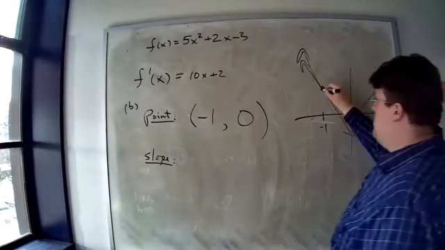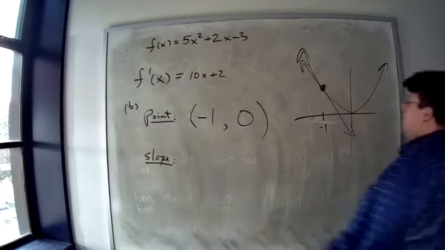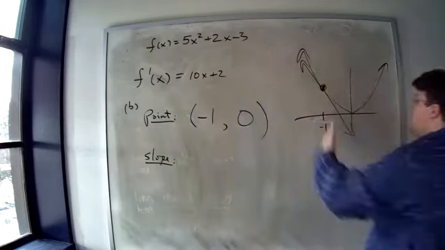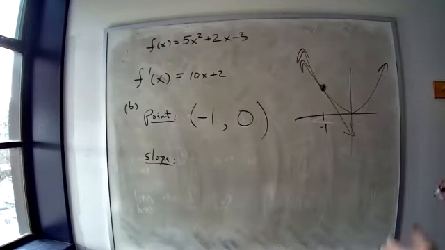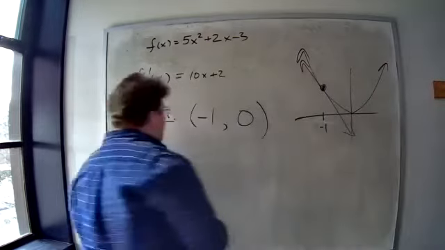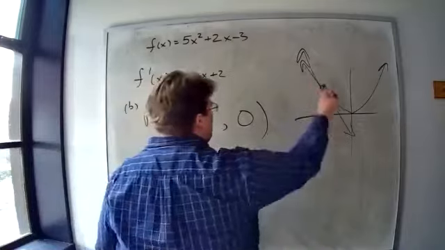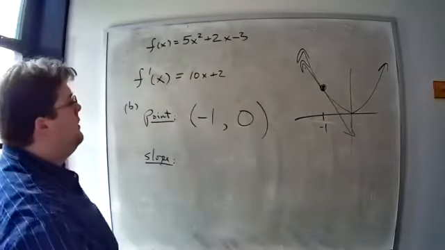Well, the point, notice, is on the intersection of the line and the function. So we can use the function to find the point. But what's the slope? Well, remember, the derivative is set up to give us the slope of that tangent line.